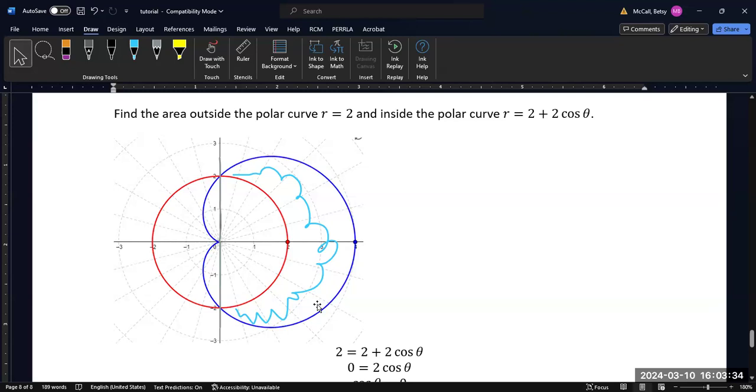It's not just that the intersections always are going to be the limits of integration. Sometimes they will be, sometimes they won't be. It's going to depend a little bit on the curves that you're working with.